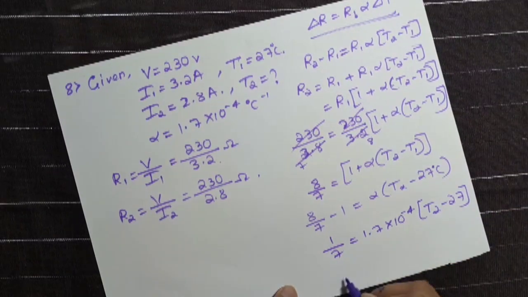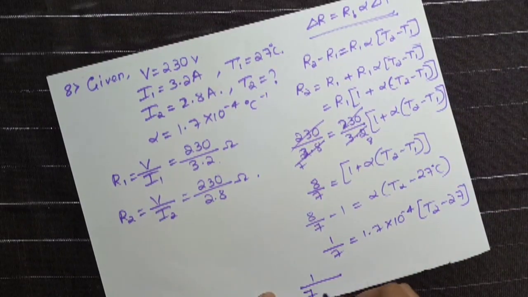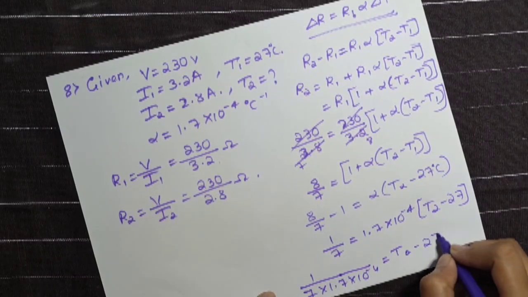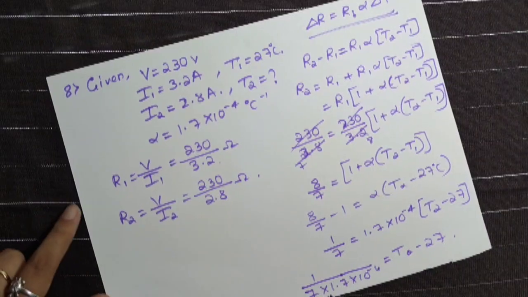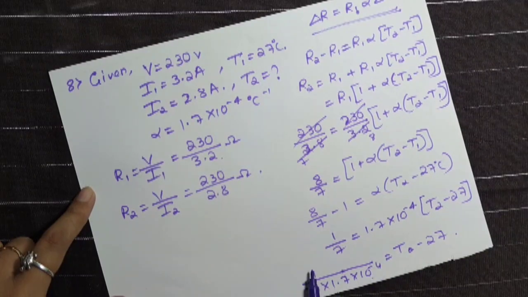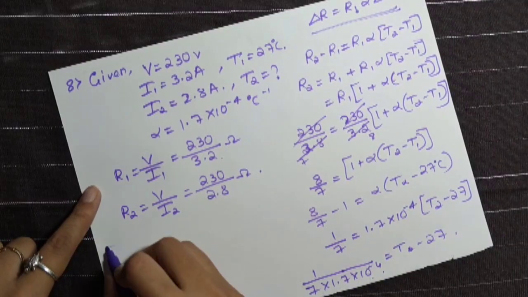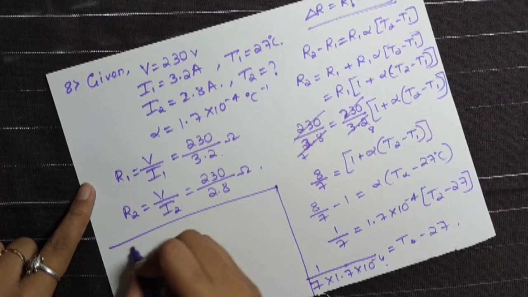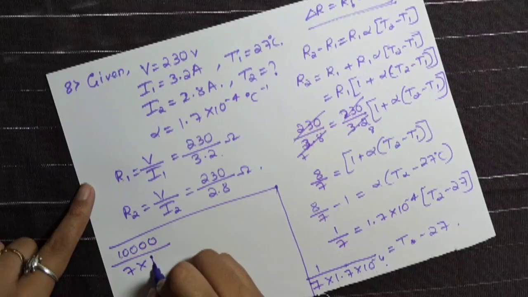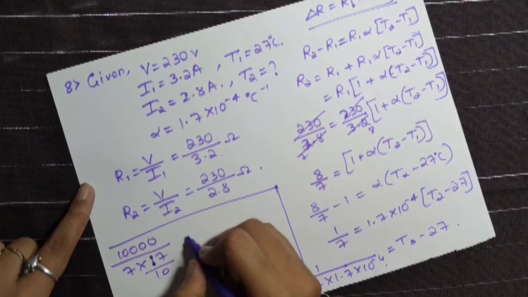Okay, so solve further. 7 into 1.7 into 10 raised to minus 4, which is equal to T2 minus 27. So from this equation we can solve this by taking this 10 raised to minus 4 upper side, that is 1 divided by 7 into, we can write this 1.7 as 17 by 10, equal to T2 minus 27.